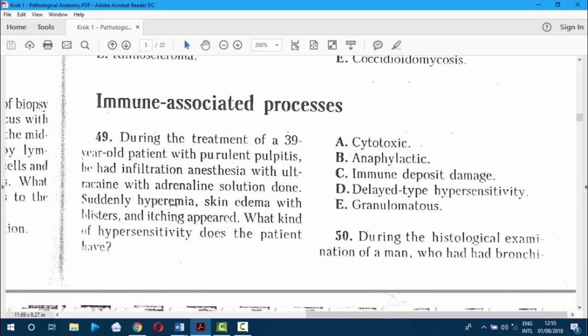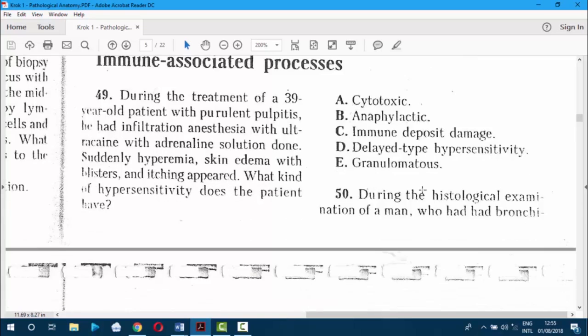Suddenly, hyperemia, skin edema with blisters, and itching appeared. What kind of hypersensitivity does the patient have? Of course, because of this, there was itching. So, that's anaphylactic, because it's immediate type. So, the answer is B.